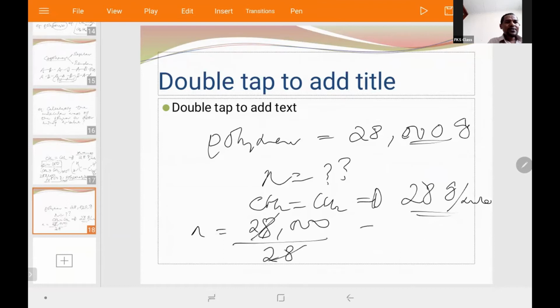The N value is 1000. 1000 moles of ethylene are required in order to produce 28000.